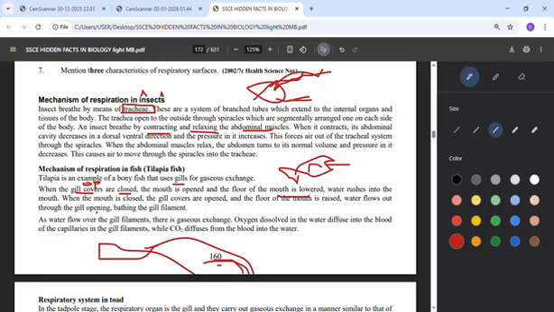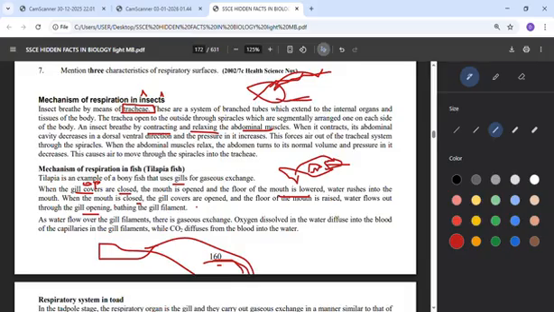Then when the mouth is now closed, the gill covers will now be opened. Why? So that the water can have a place to flow out. So water flows out through the gill opening.